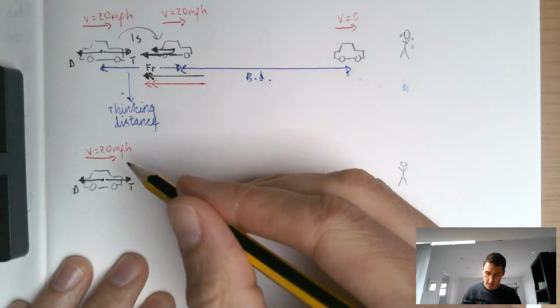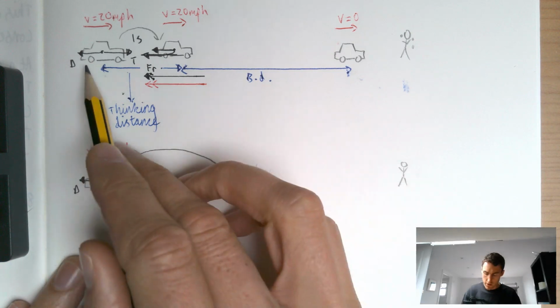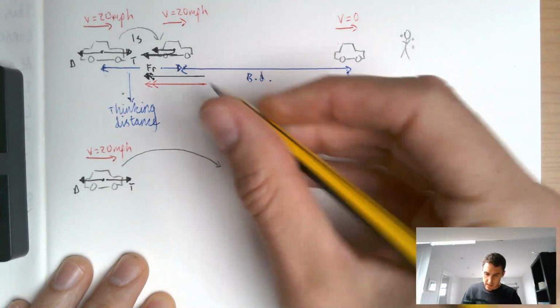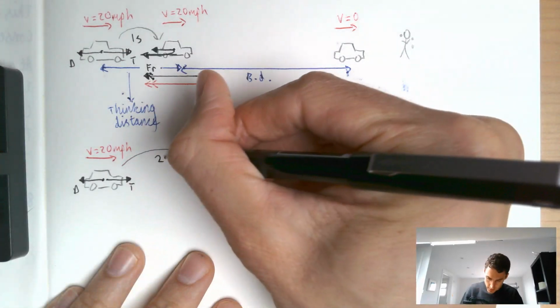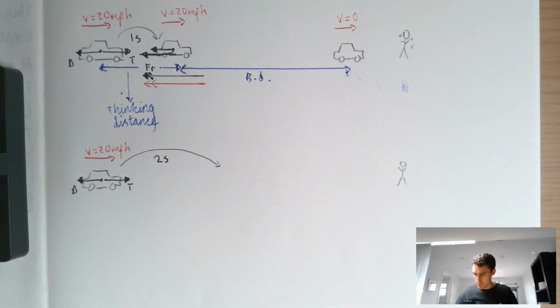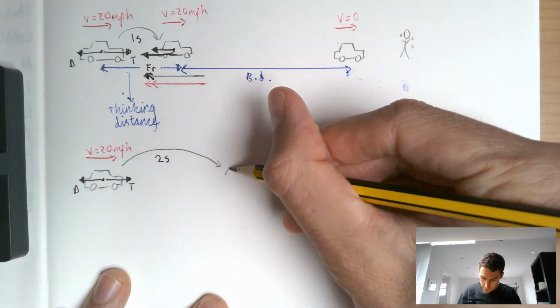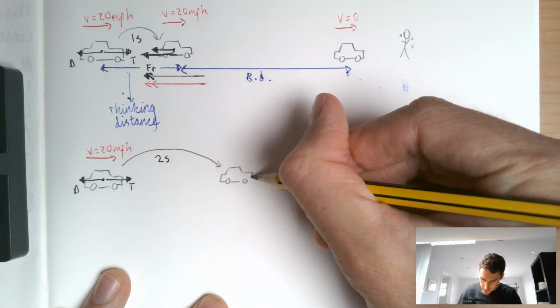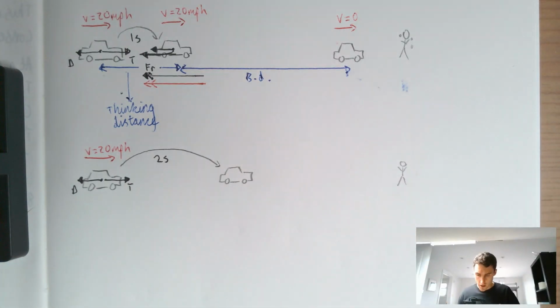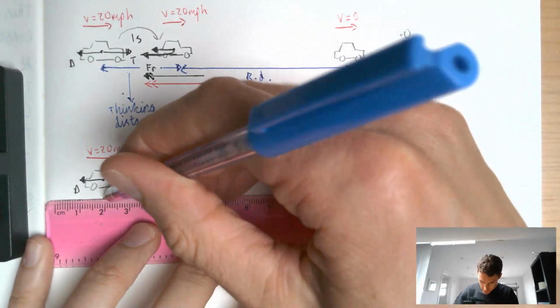So in this case, even though they're traveling at the same speed as here, instead of it just taking 1 second for them to react, it takes 2 seconds for them to react, which means in that time they travelled twice as far. So in this case, our thinking distance would be twice as large.